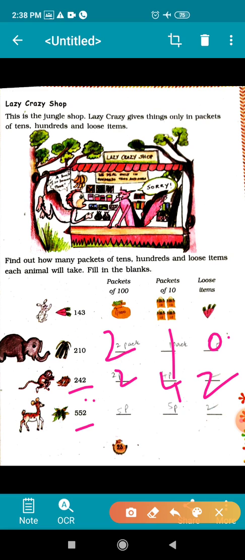Here, how many hundreds? 5 packets of 100. Then, how many tens? 5 packets of 10. And how many loose? 2 loose items. Children, hope you have understood how you have to do this sum.